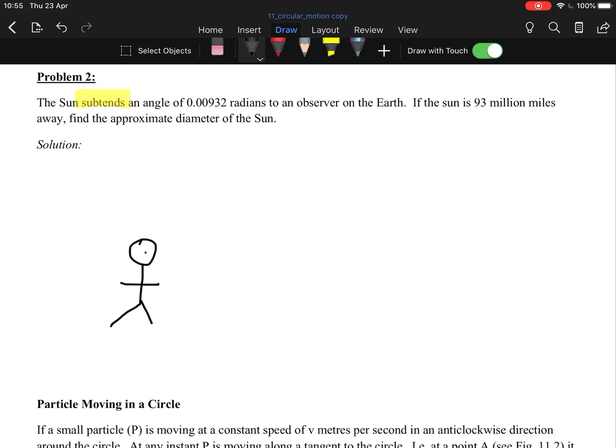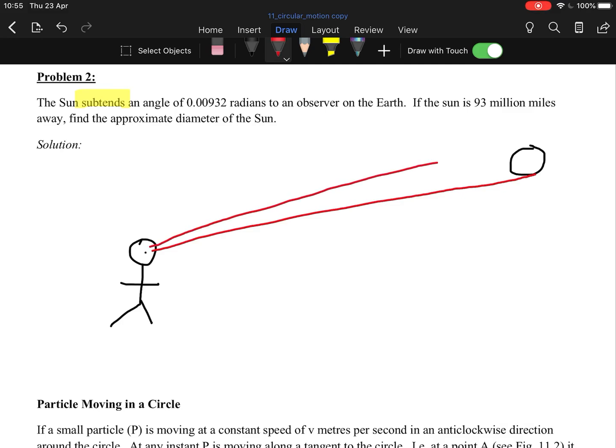So you are on Earth, and the sun is 93 million miles away. Subtends means that if you look at the bottom of the sun, let's say imagine you're wearing sunglasses, and somebody measures the angle at which you raise your head to look at the top of the sun.